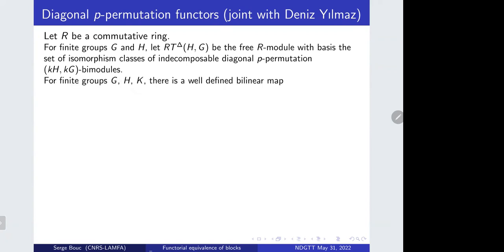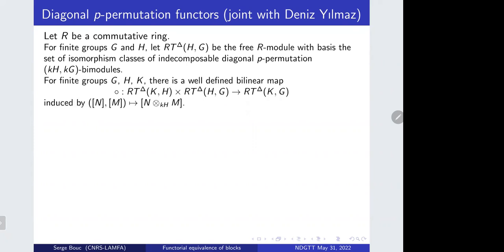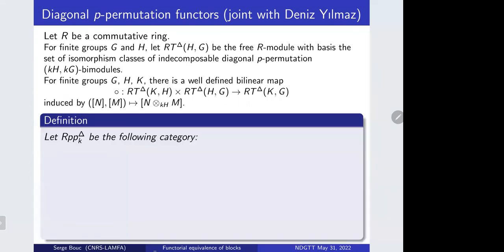Now for three finite groups G, H, and K, there is a well-defined bilinear map from RT delta of K and H, cross RT delta of H and G, to RT delta of K and G, which is induced by this tensor product of bimodules. And now we have the definition of a category. This category is denoted by RPPK delta. Delta is again for diagonal, K is to remind of the field K, R is our ring, and PP is for p-permutation.